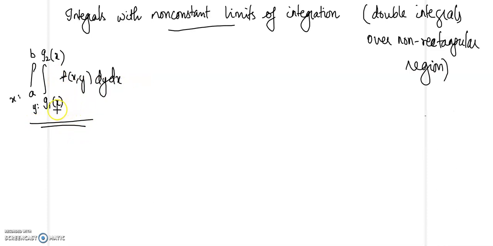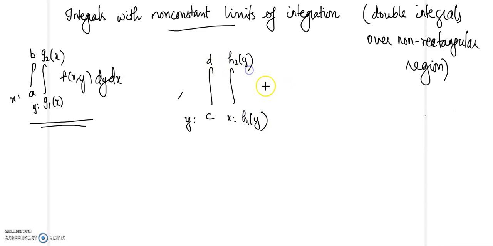The second type is integral c to d, where y varies from c to d and x varies from h1 of y to h2 of y, f of x, y, dx dy. So these are the two forms of integrals involving non-constant limits of integration.